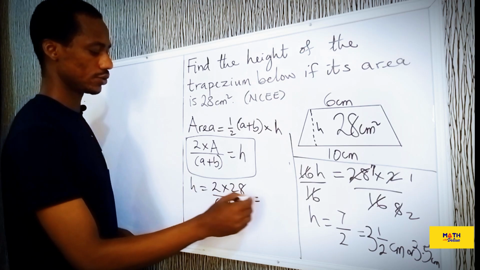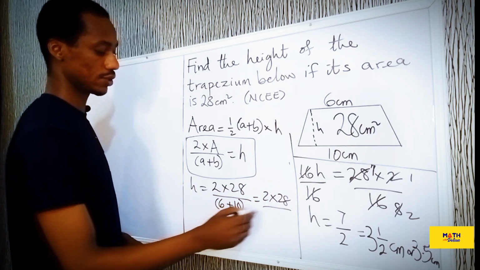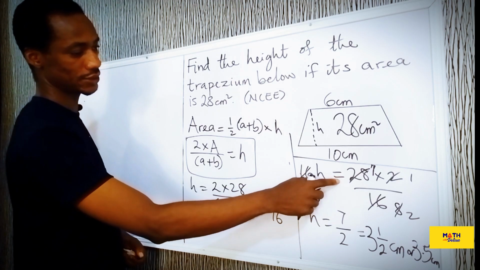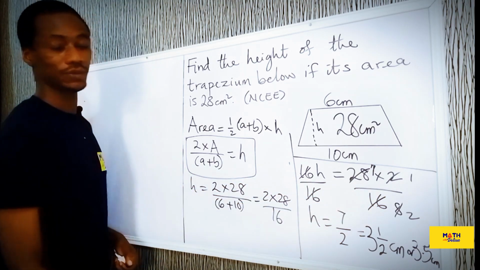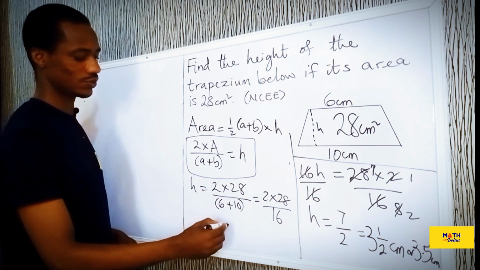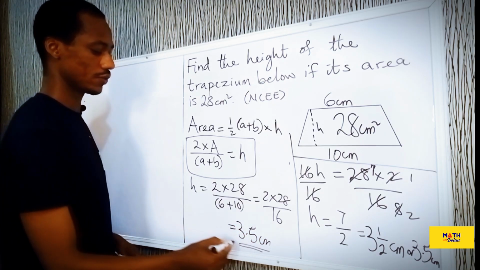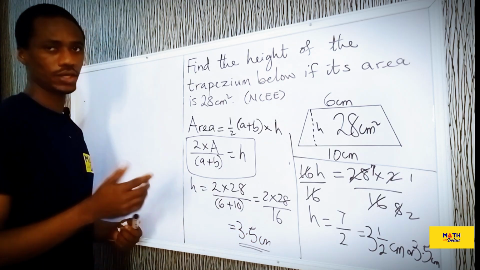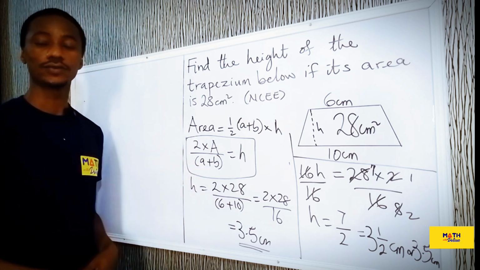So we have 2 times 28 divided by 16, the same thing we had here, which will give us 3.5 centimeters. So you can work with the formula if you're comfortable with that. Just slot in the parameters and you have your answer.